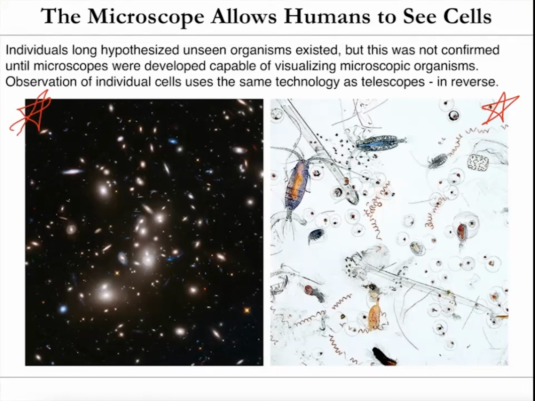And the lenses and the apparatuses weren't sophisticated enough to see things in great detail like we do right here. Here's an image from the James Webb Telescope, and here is a really cool image of a lot of different microscopic organisms in some pond scum. So our ability to understand life and cells in general relies upon this technology called the microscope.